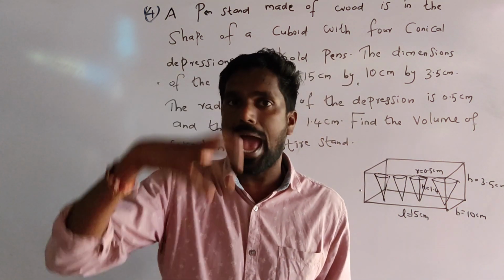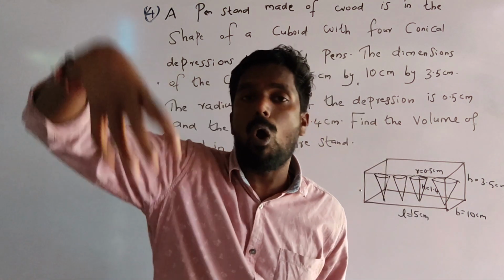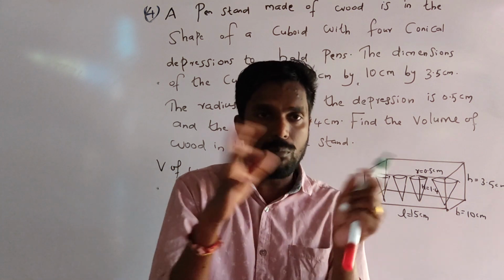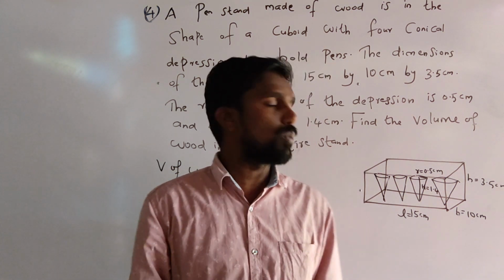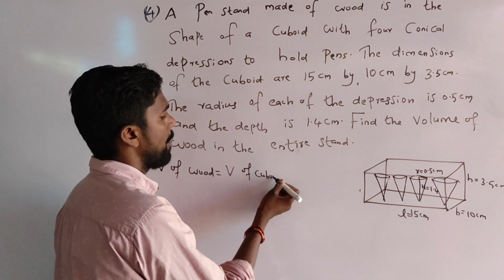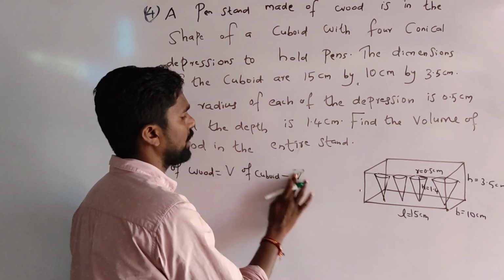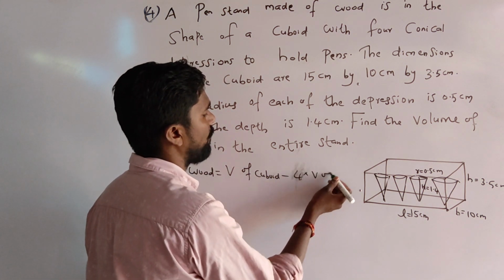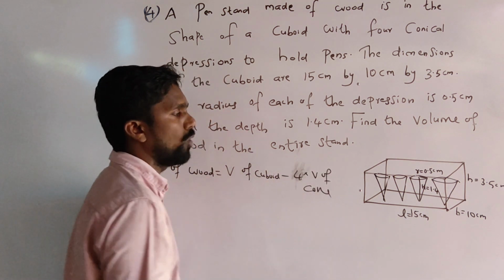From the cuboid, I am taking 4 cones. So volume of wood will reduce. That's why volume of cuboid minus 4 into volume of cone.